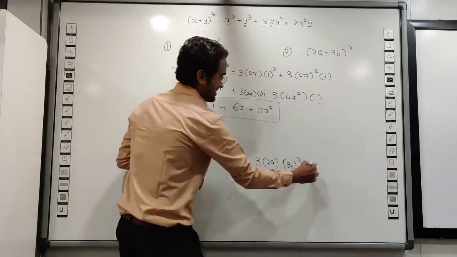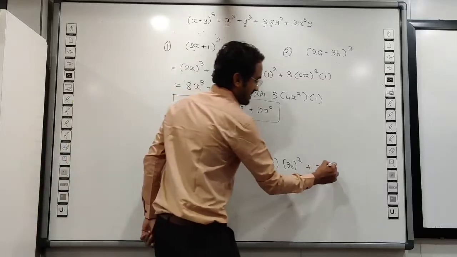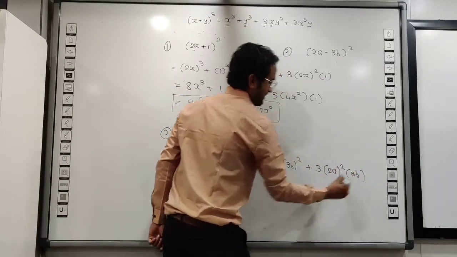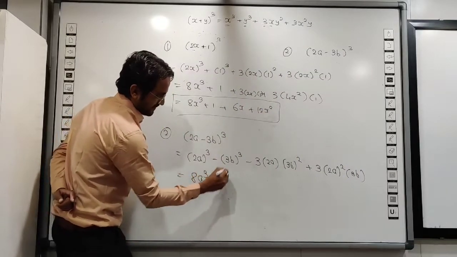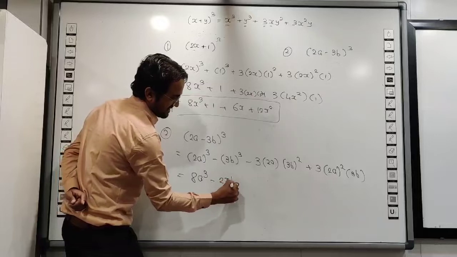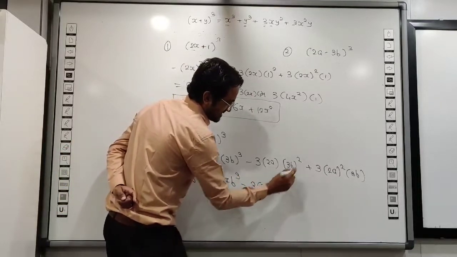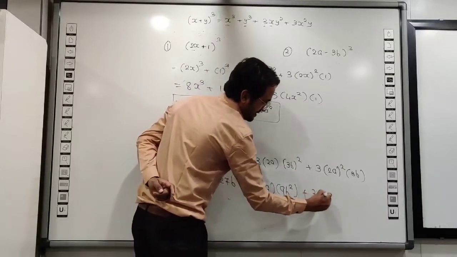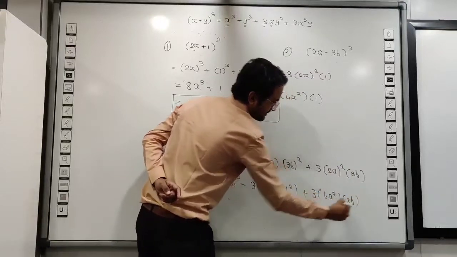Next plus 3 x square y. X square means (2a) square, y means 3b. Okay? So 2 cube, 8a cube. 3 cube, 27b cube. Here if I solve this, 3 square, 9b square. 2 square, 4a square, 3b.